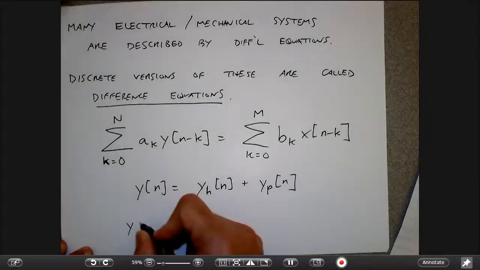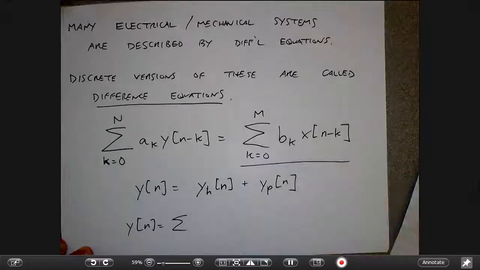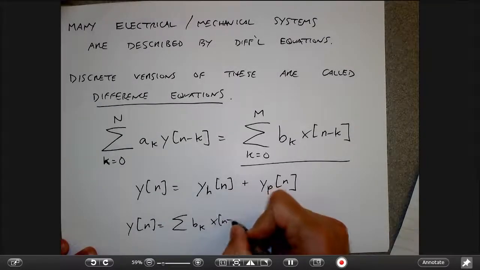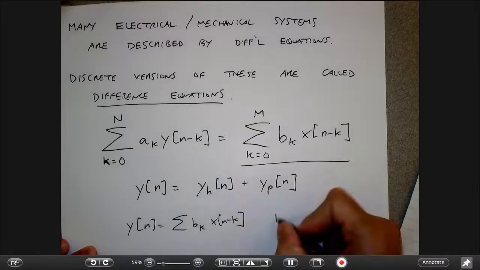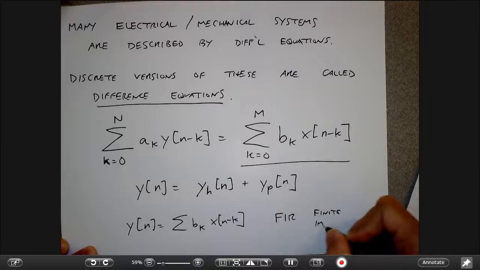So life is good when I only have one term over here. When I have y of n equals the sum of some previous values of the input, that's like the systems we've been talking about so far, and that's called a finite impulse response system. We're going to talk about that a lot in the future.